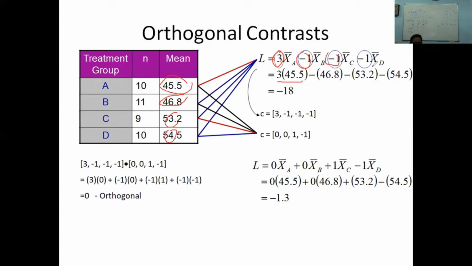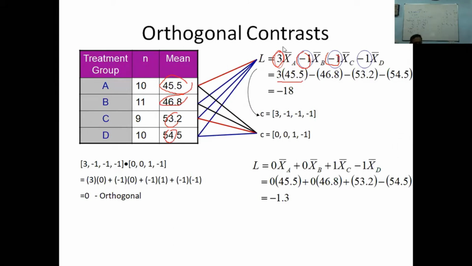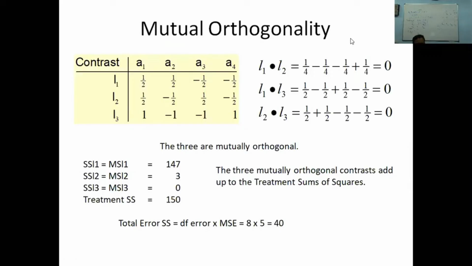This is how you calculate each contrast. So this is contrast 1 and contrast 2 and so on, depending on what coefficient values you have.